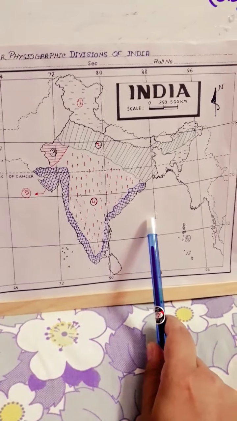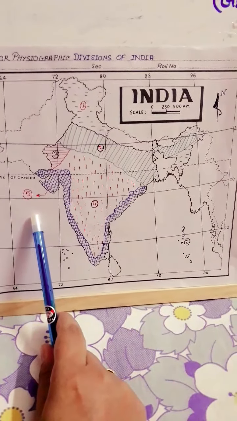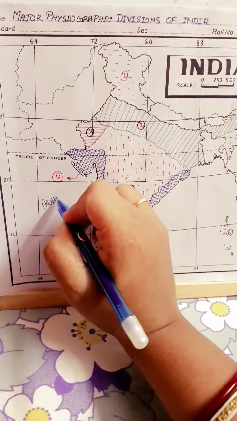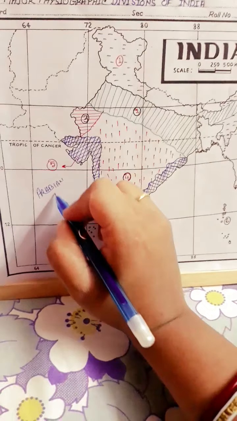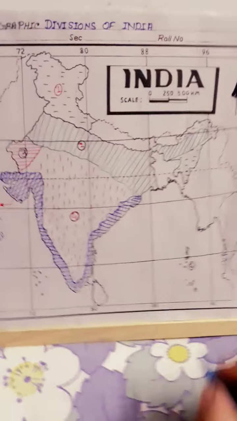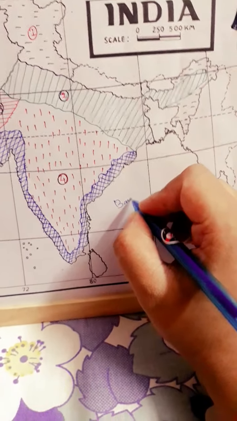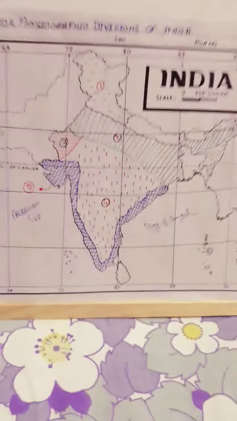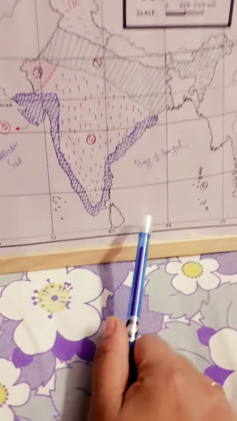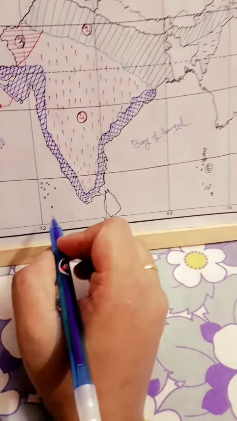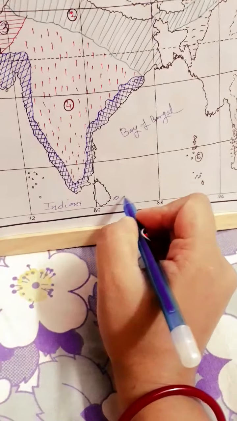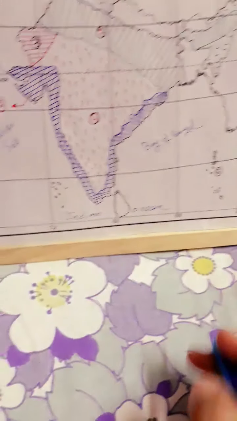On the left side, India has the Arabian Sea, and on the right-hand side, the Bay of Bengal is situated. In the lower portion, the Indian Ocean is located.